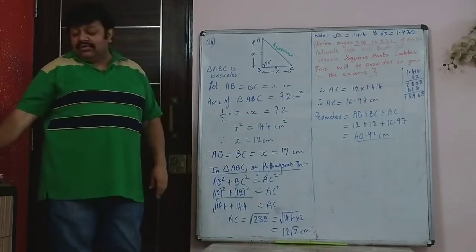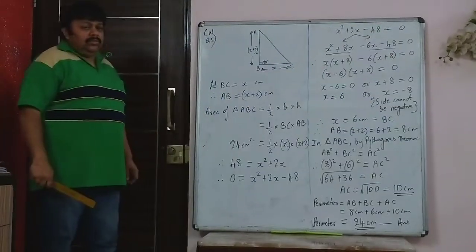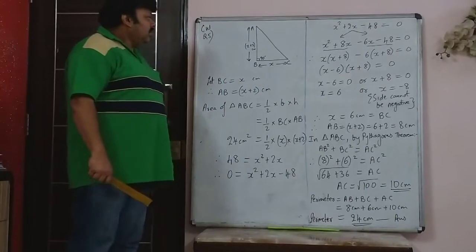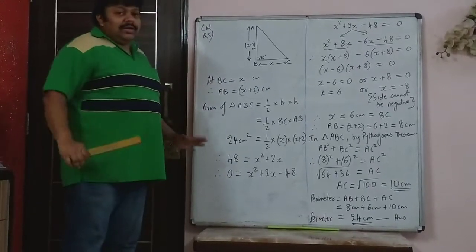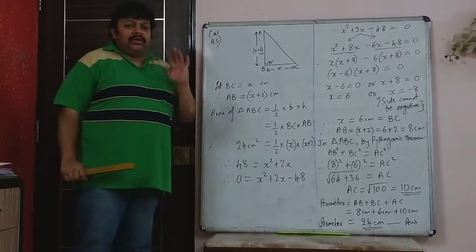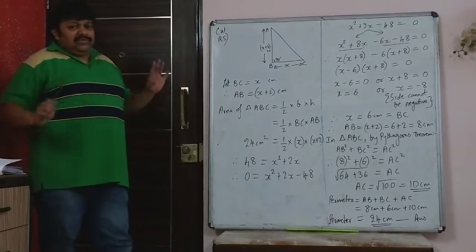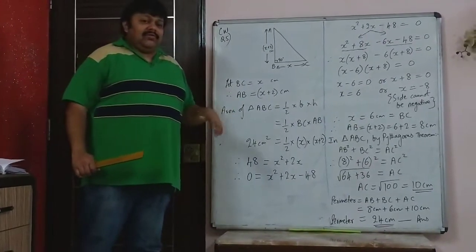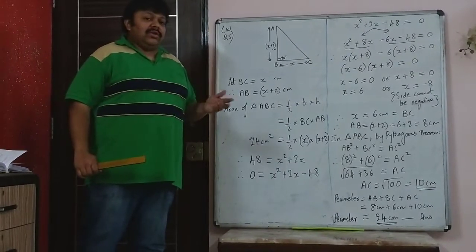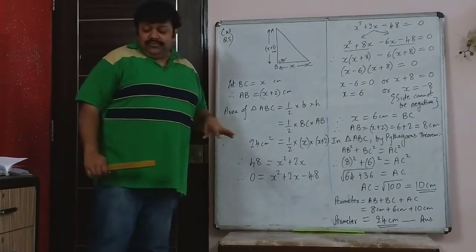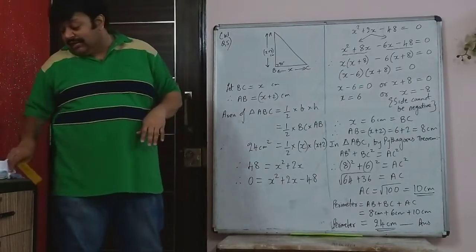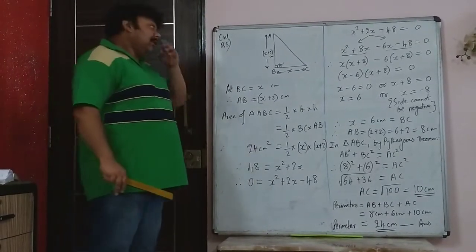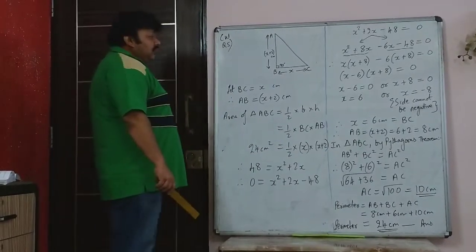We will continue. We will see now sum number 5. In the next sum, they have given you a right angle triangle. It is not mentioned that it is isosceles. They have just given that one of the sides is 2 centimeter more than the other. It is mentioned that the difference between the two perpendicular sides is 2.